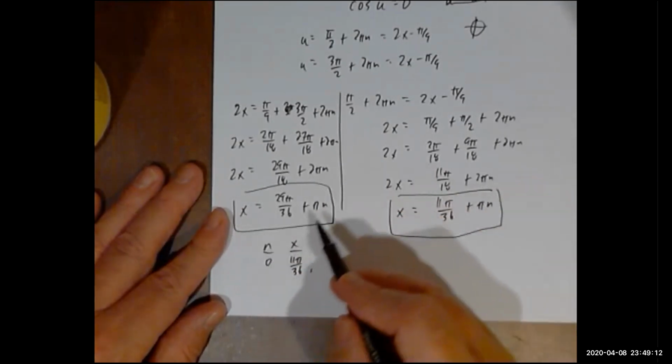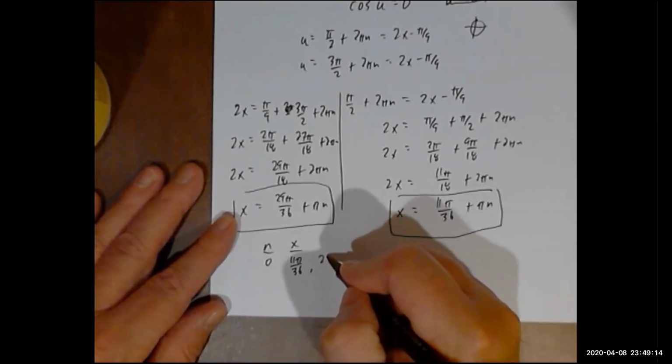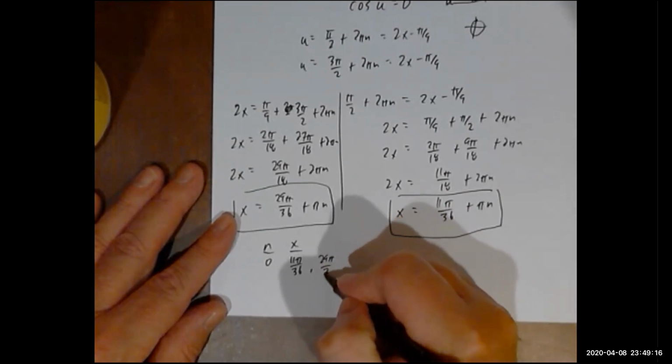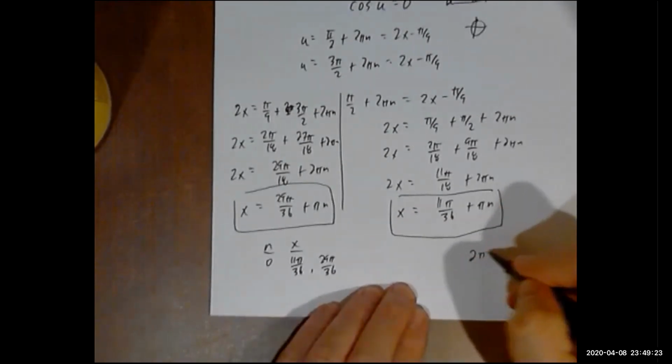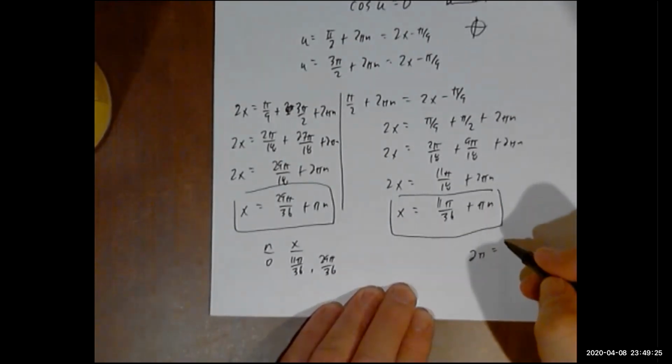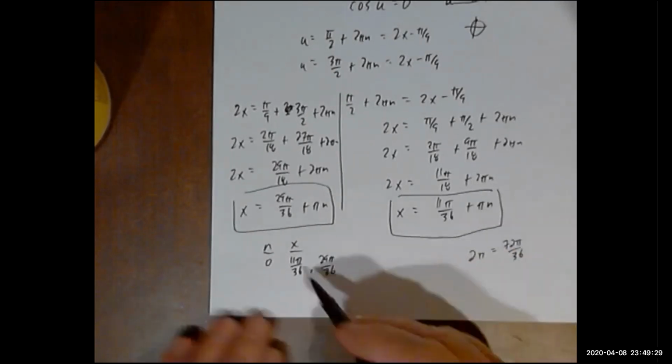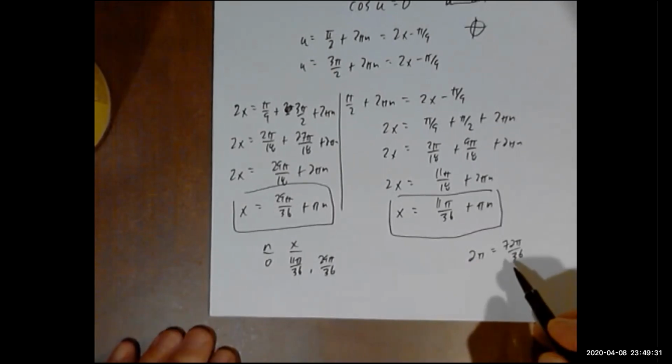When I plug n equals 0 over here, I get 29 pi over 36. Both those angles are between 0 and 2 pi. If you think about it, 2 pi with the denominator of 36 is 72 pi over 36. So these are both less than 2 pi.